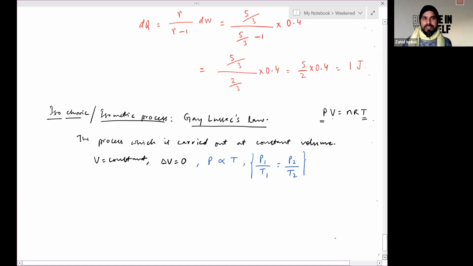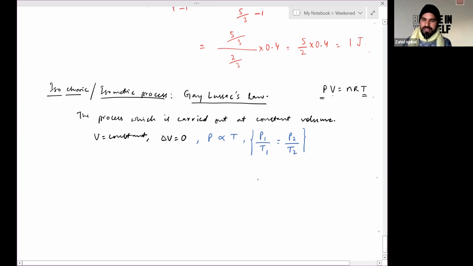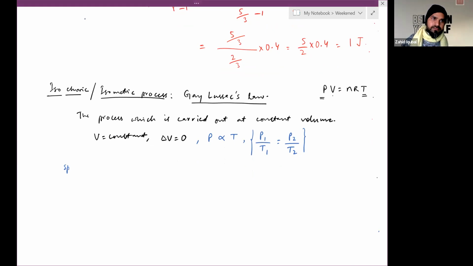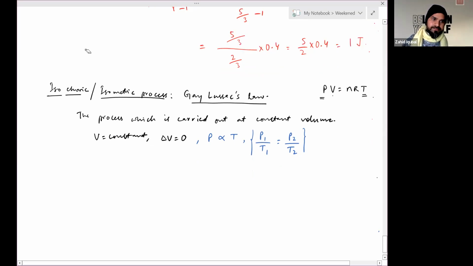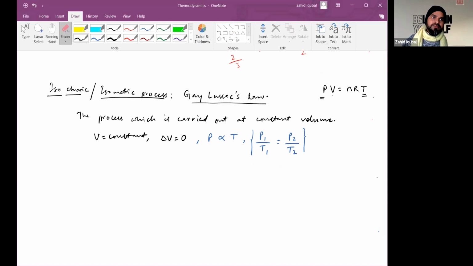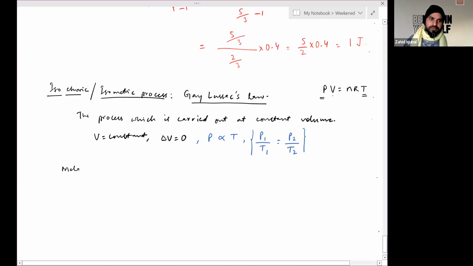Now, next we have to calculate specific heat for this particular process at constant volume. So molar specific heat at constant volume.